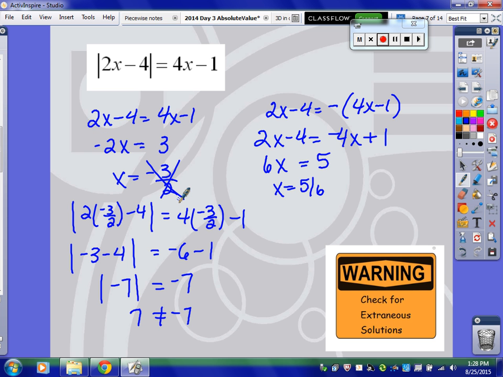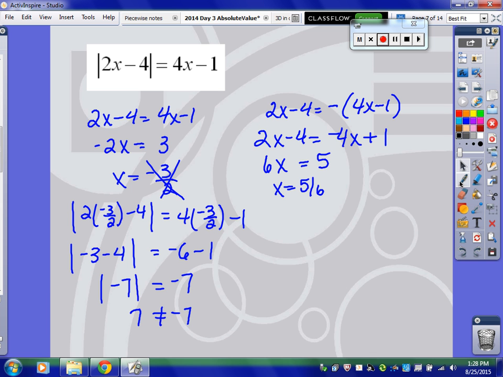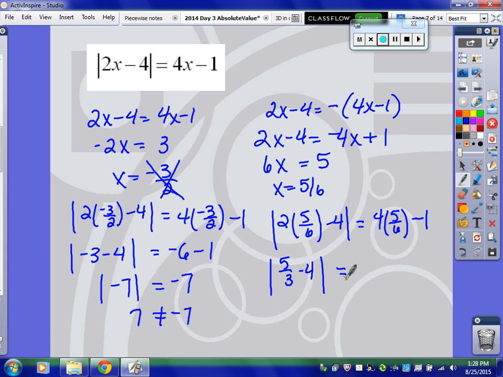Alright, let's try the other one, because sometimes we might get two extraneous solutions. So just because you find one doesn't mean your job is done. Here again, go back to the original. Plug in 5 sixths. Let's do our math here. 2 times 5 sixths is going to be 5 thirds, minus 4, is equal to 4 times 5 sixths, that's going to be 10 thirds, minus 1.